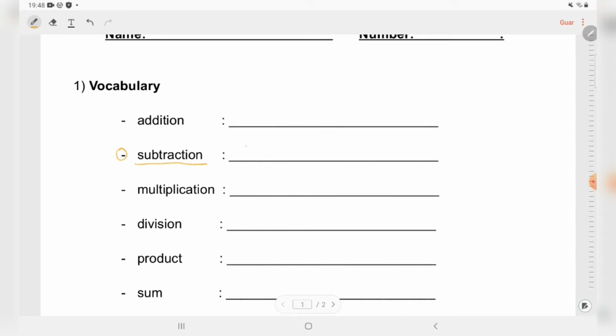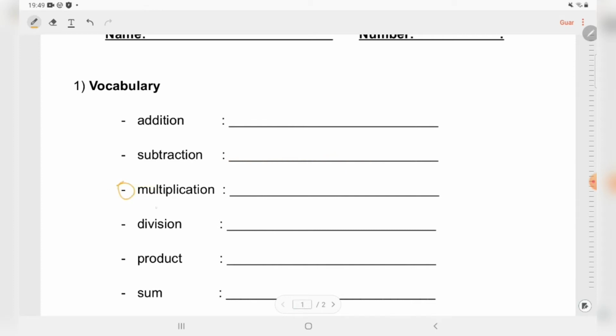Subtraction, as you know, we use this symbol, and there is an example here: 19 minus 7. As you know, in a subtraction, this number should be greater than this. We know that this is a subtraction because we are using this symbol, the minus symbol. There's a word for this English vocabulary in Thai, and I want you to write it down here, over the line.